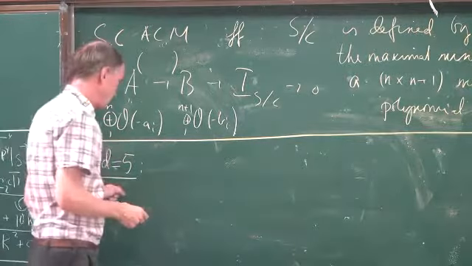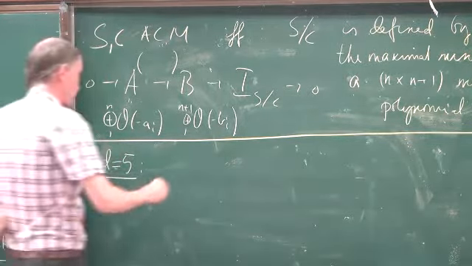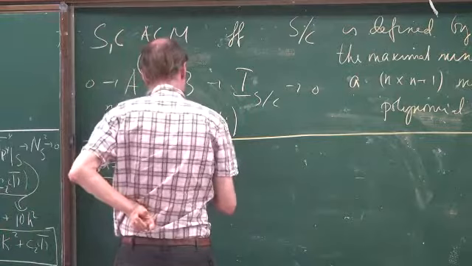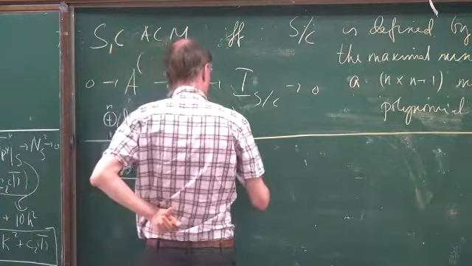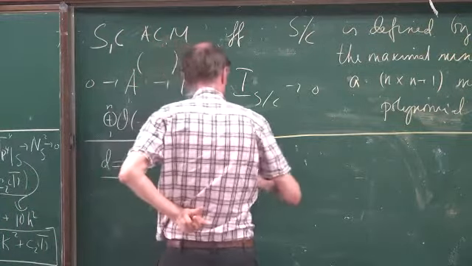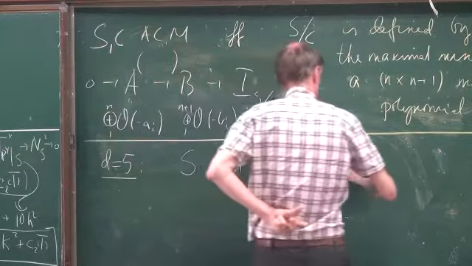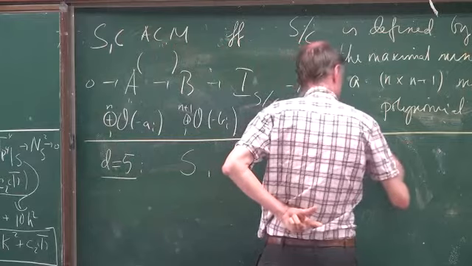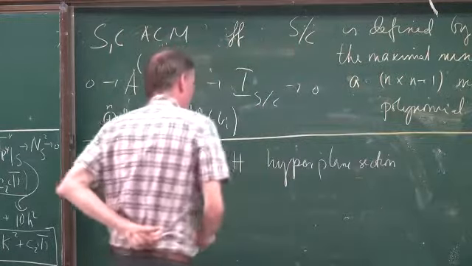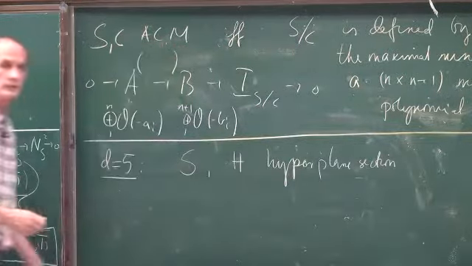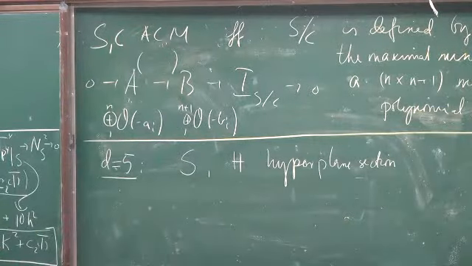Now, for d equal to 5, I have my surface S, and I look at the hyperplane section. So this is a curve in P3.